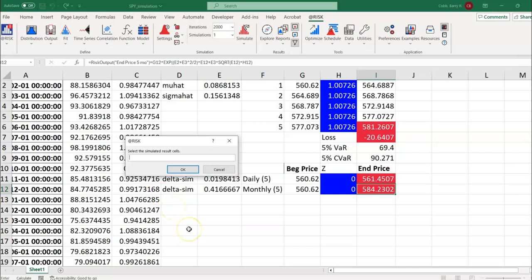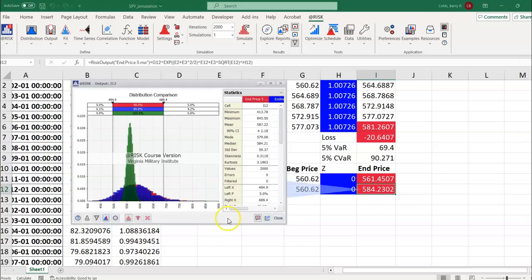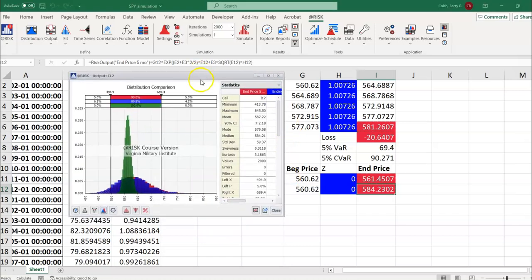I'm going to hold the Control key down, click on the ending price from up above here, the ending price of the daily, 5 days, and then the ending price monthly simulated with geometric Brownian motion. And I'll click OK. And I get the overlay.